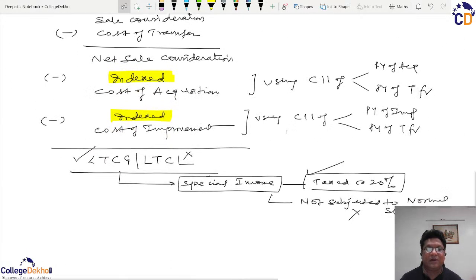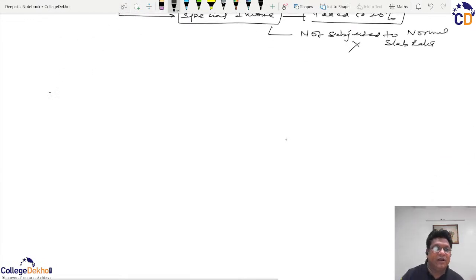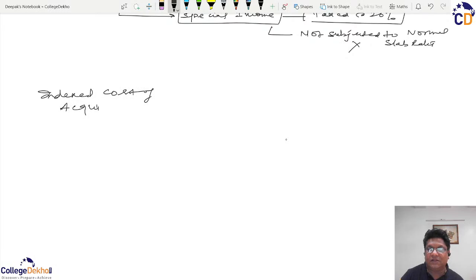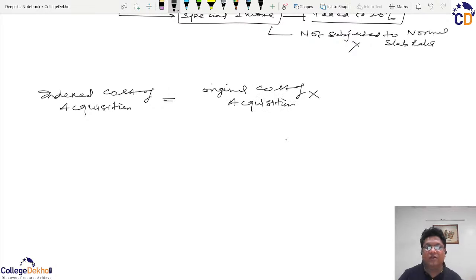So if I come again, if we calculate this indexed cost of acquisition, then it will be equal to the original cost of acquisition multiplied by the CII, cost inflation index, of the previous year of transfer, that is the year in which the asset has been sold.